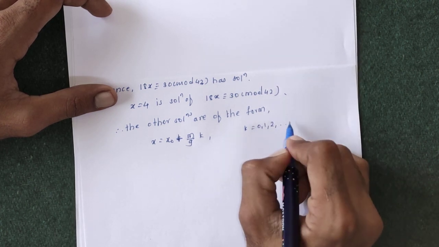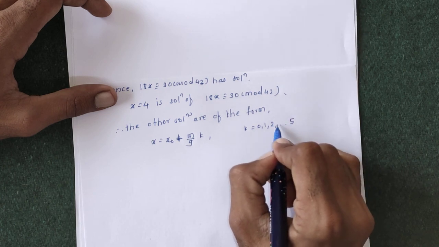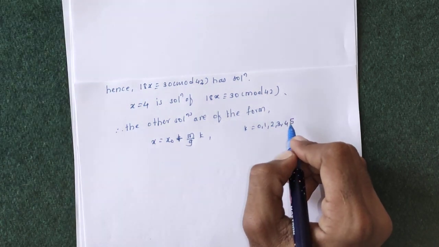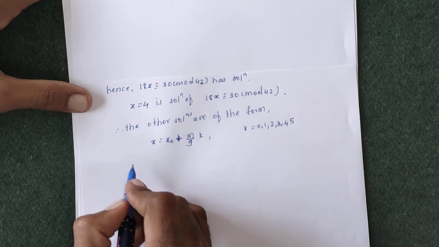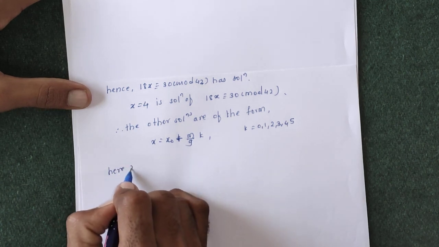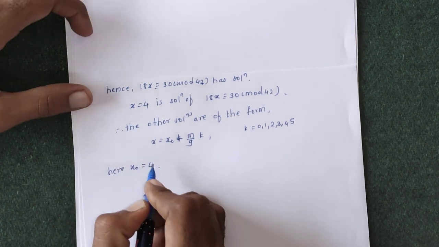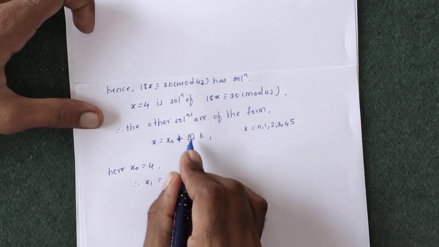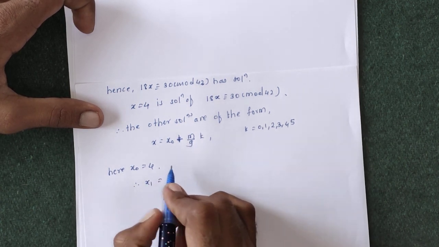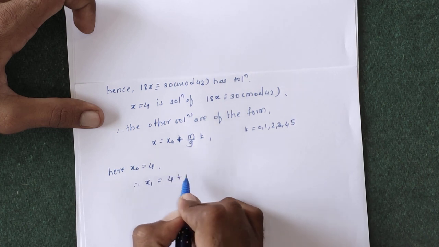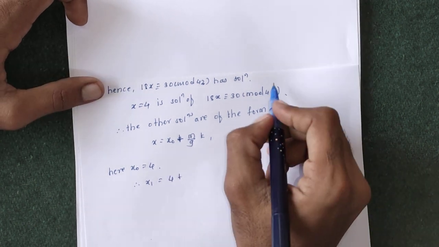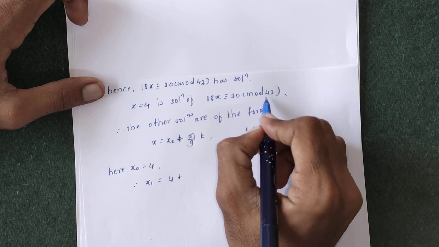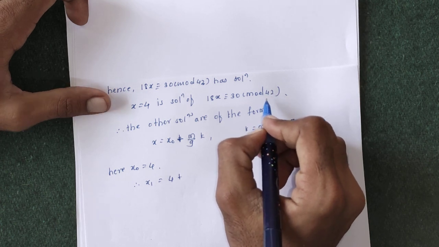Here g equals 6, so g minus 1 is 5. Now x naught equals 4. Therefore x1 equals x naught plus m by g times k, that is 4 plus m by g, and m by g is 42 by 6, which is 7.